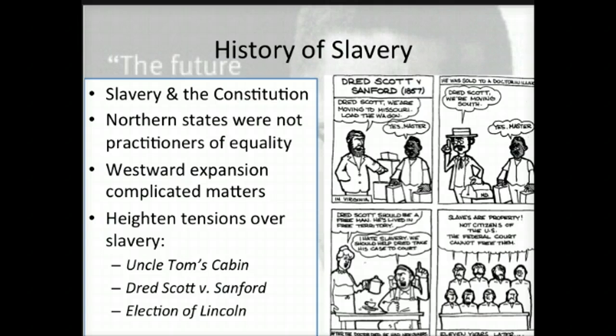Now, the Dred Scott decision denied citizenship to African Americans. The Supreme Court interpreted the Constitution, given the Three-Fifths Compromise and the mention of ending the slave trade, to mean that slavery was a constitutionally protected institution.